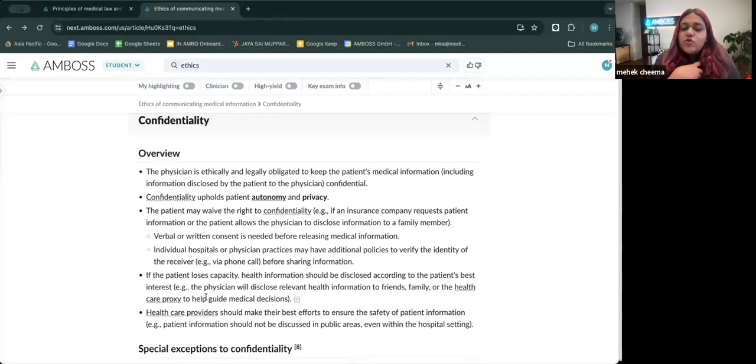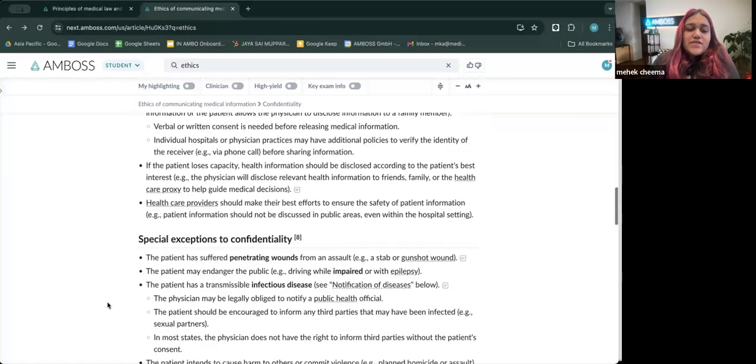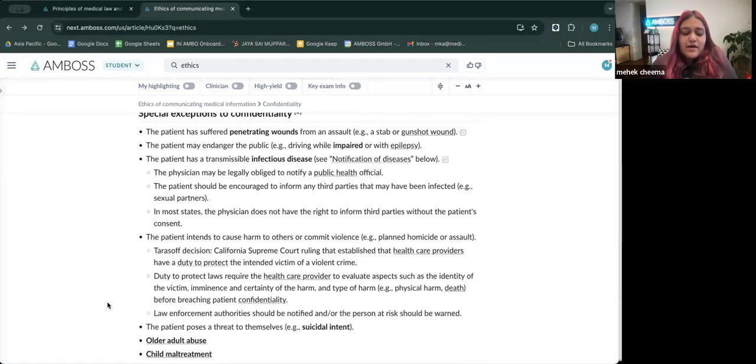Because if the patient is not comfortable with their situation being exposed, with their situation being told to other people, it is your responsibility as a doctor to maintain confidentiality. All right. Of course, there are some special exclusions. For example, in a medico-legal case, or MLC, you have to reveal everything. It is your responsibility to the court to reveal everything.